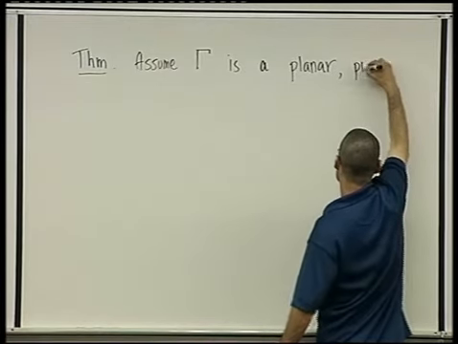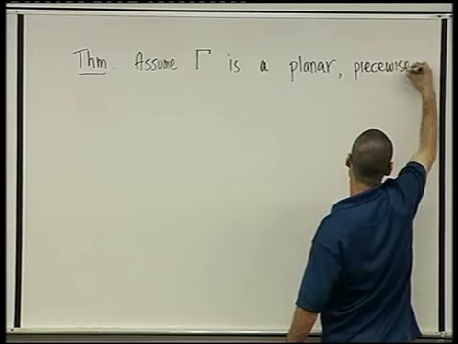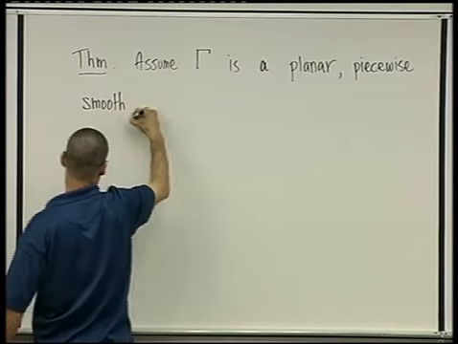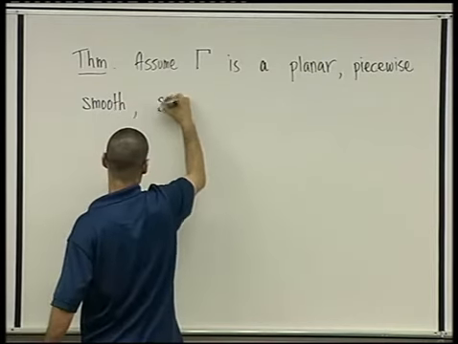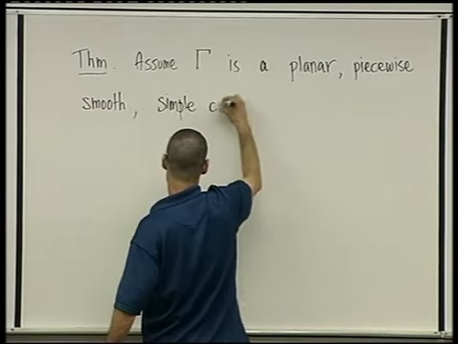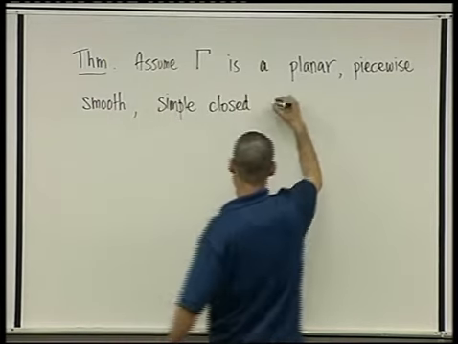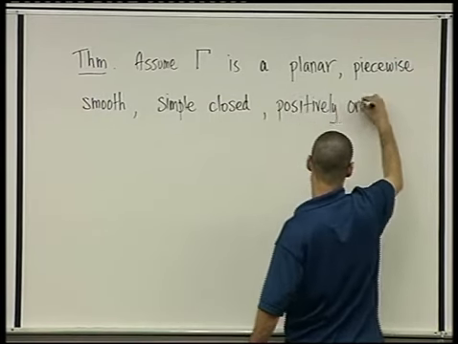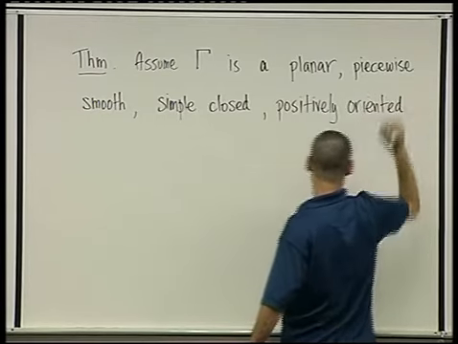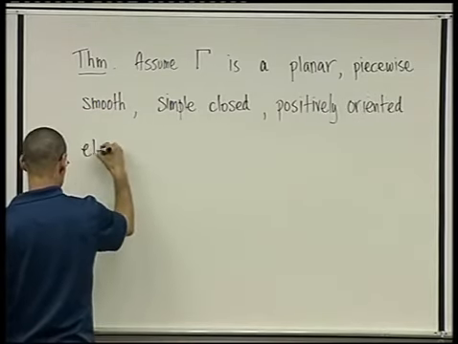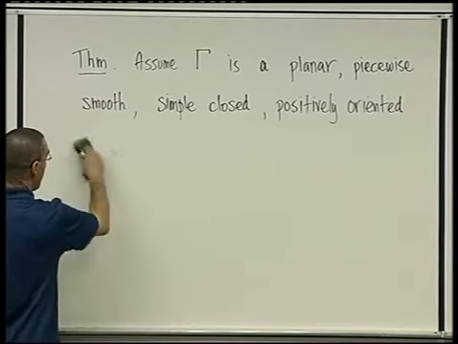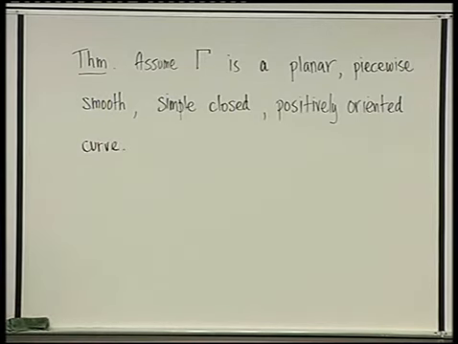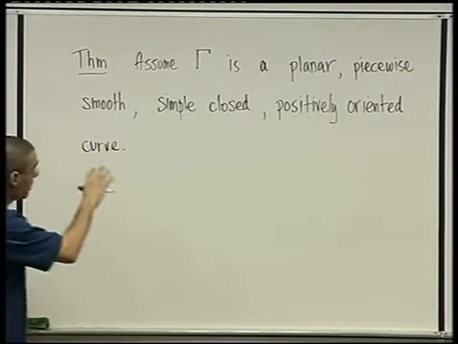Piecewise smooth, simple, closed, positively oriented curve. Told you it was a mouthful. Okay, so we're going to explain all these words.